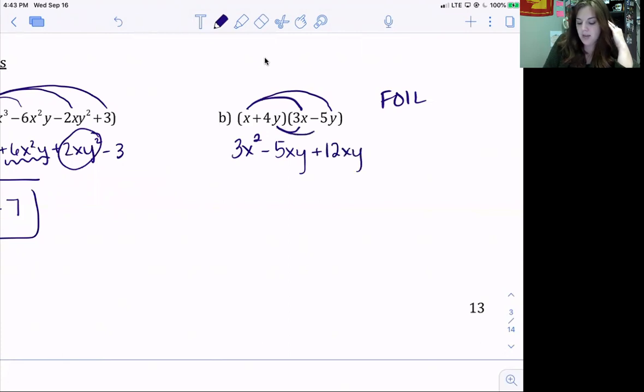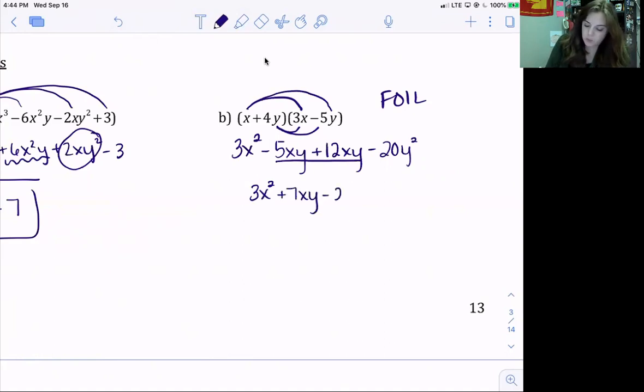And then 4y times negative 5y is a negative 20y squared. So if we want to combine our middle two terms, because they're both xy, we're left with 3x squared. Negative 5xy plus 12xy is a positive 7xy. And then minus 20y squared.